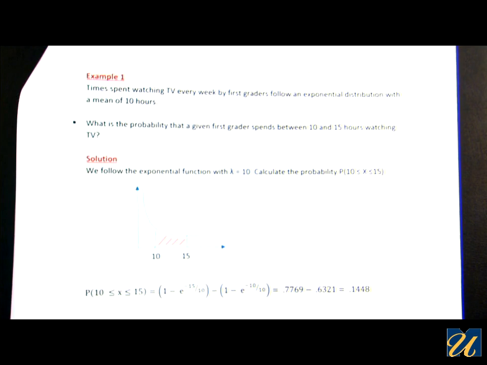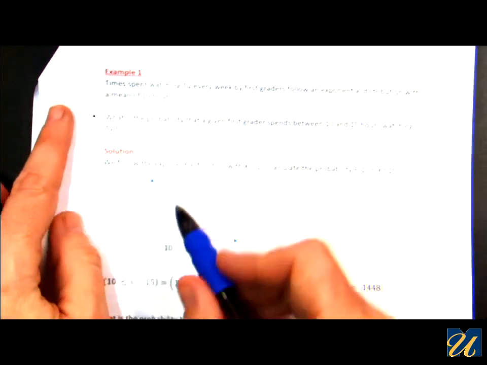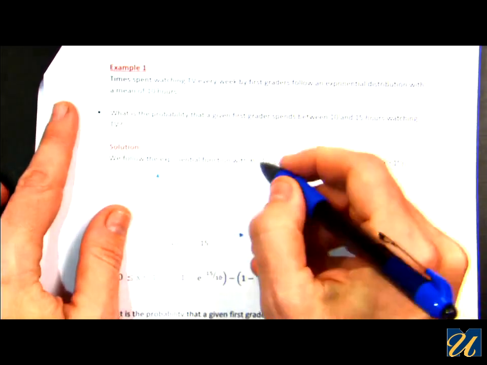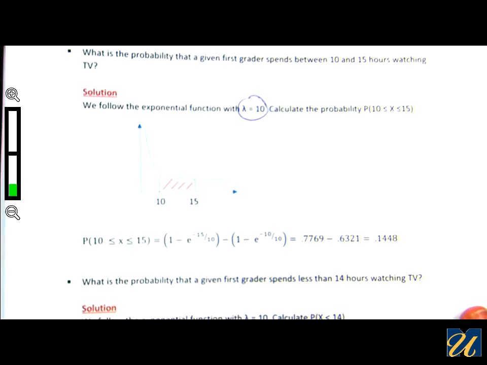Time spent watching TV every week by first graders follows an exponential distribution with a mean of 10 hours. What is the probability that a given first grader spends between 10 and 15 hours watching TV? So we have exponential distribution with lambda or mu equal to 10.